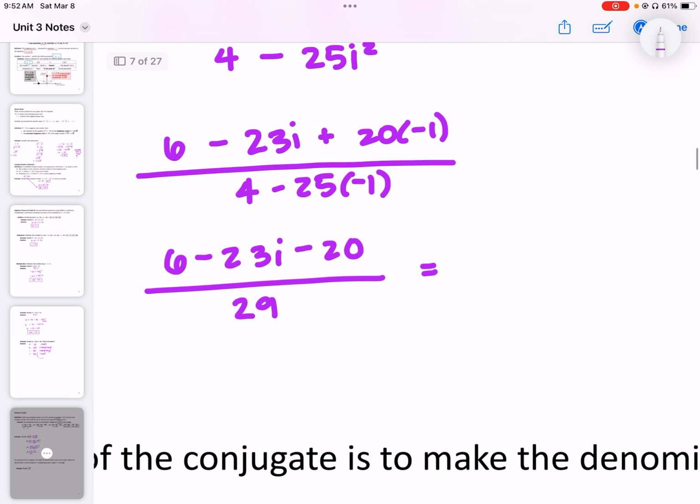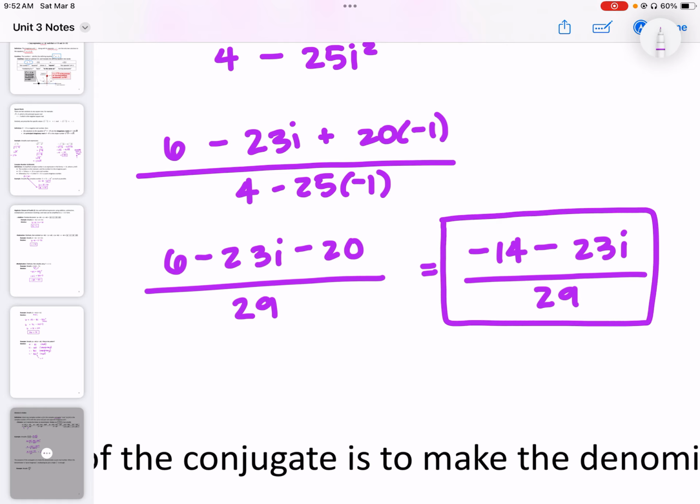And so 6 minus 20 is going to be minus 14 minus 23i all over 29. And that is how you're going to handle working with a division of imaginary numbers or complex numbers.